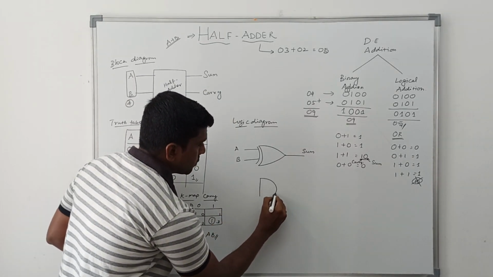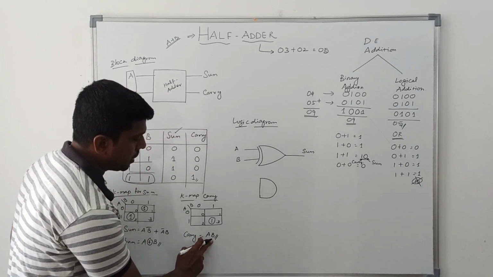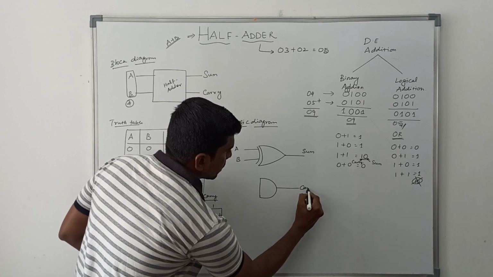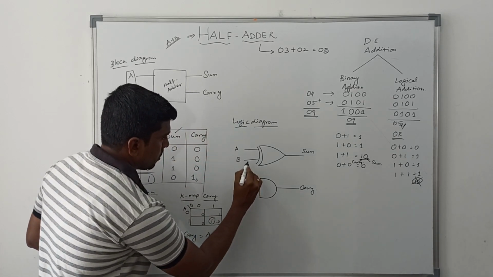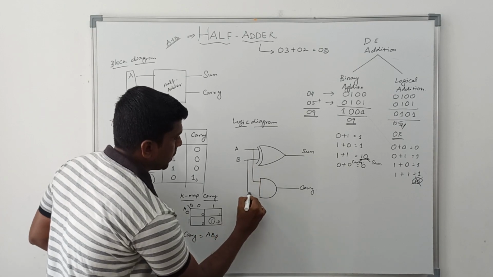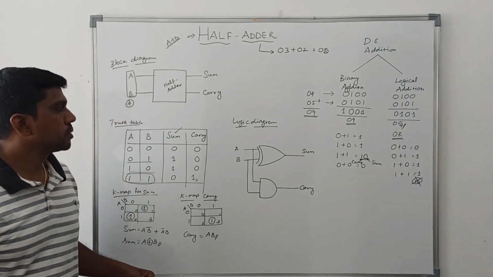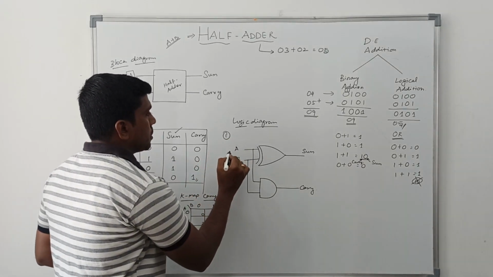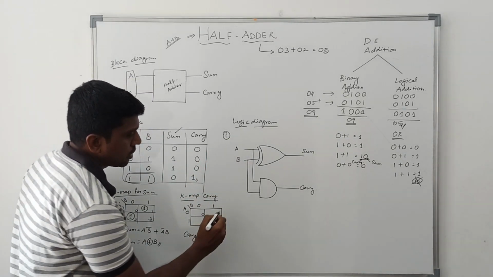Then carry. The expression is A dot B. Using an AND gate, we will get the result carry. Inputs are A and B. So it's the logic diagram for the half adder circuit. It's implementation diagram 1.